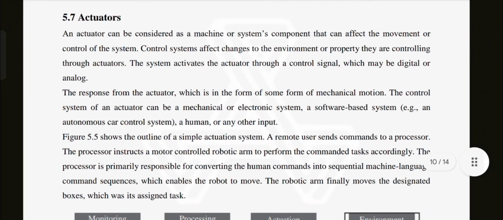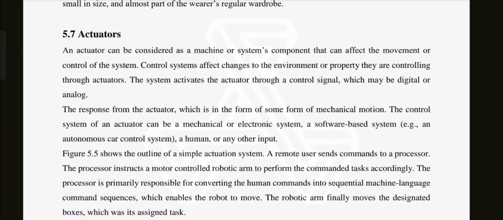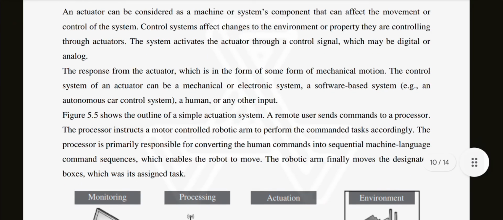Actuators. An actuator can be considered as a machine or a system's component that can affect the movement or control of a system. Control systems affect changes to the environment or property they are controlling through actuators.